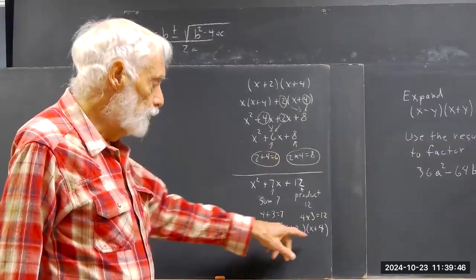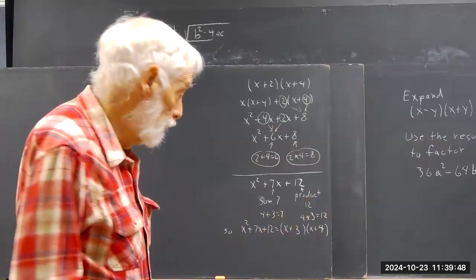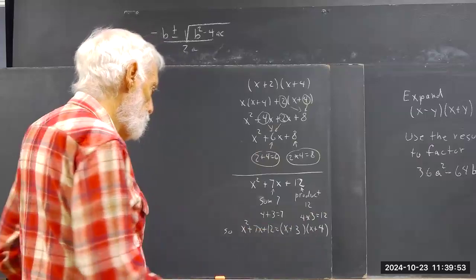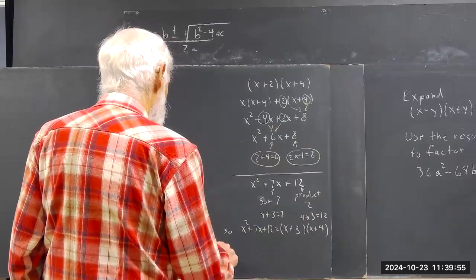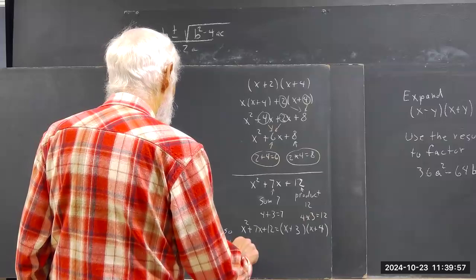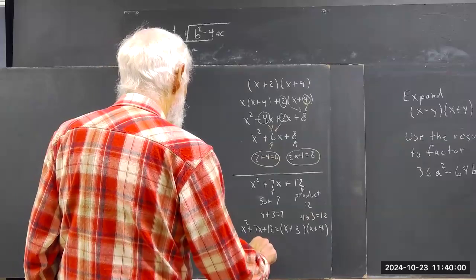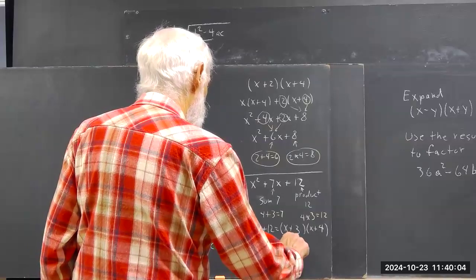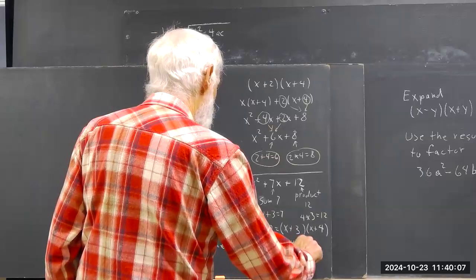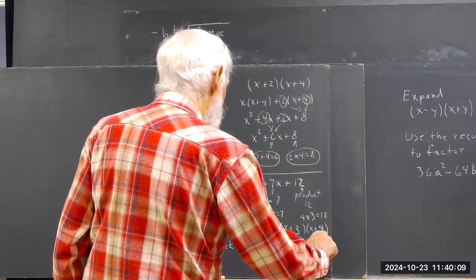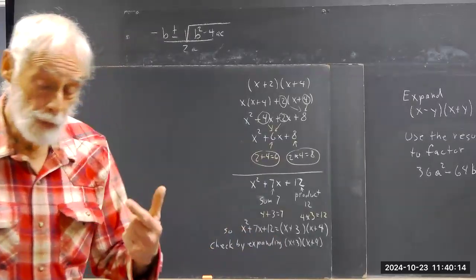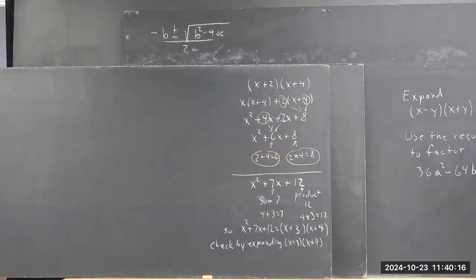Of course, you want to write x plus 4 times x plus 3, that's the same thing. So now I ask everybody to expand this. So everybody go ahead and expand this and see if the result doesn't match the expression you started with.